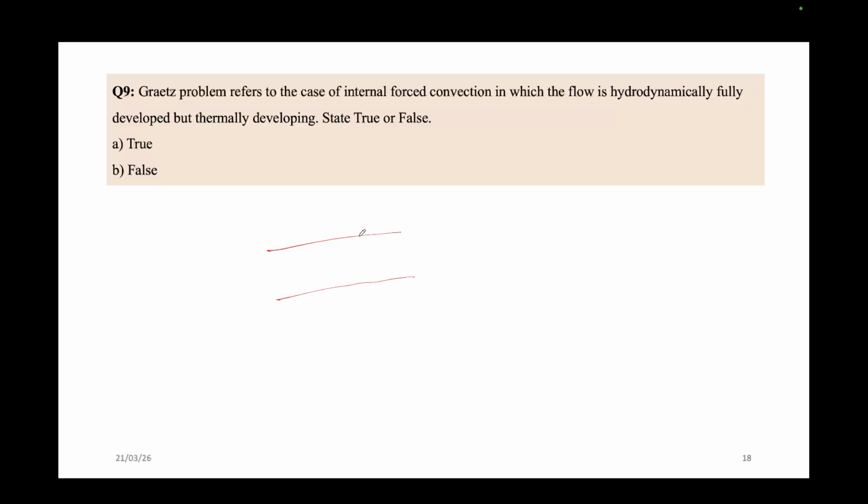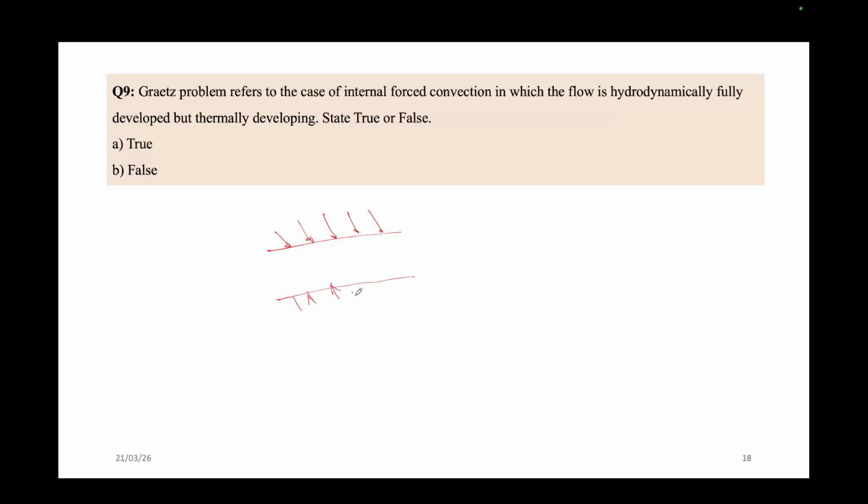If I talk about a thermally developed region, say a tube is there. This tube is closed and water is there, and you are applying heat from both sides. Then what will happen?